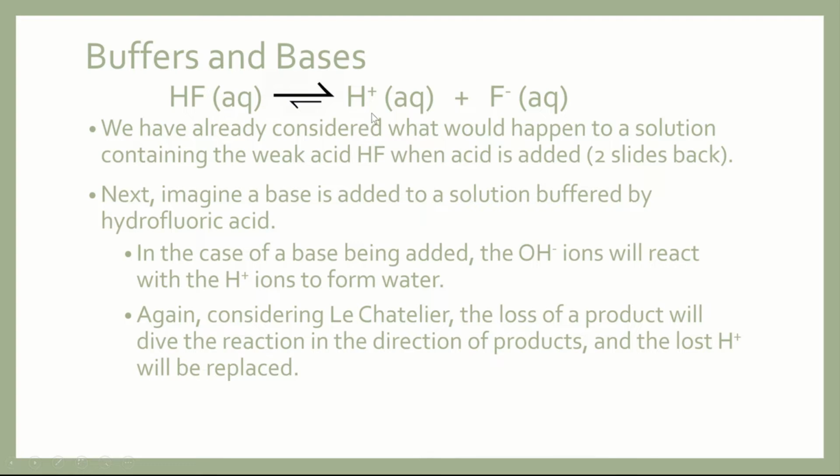Adding base would snatch up those hydrogen ions, and our HF would just break apart and create more hydrogen ions and fluoride ions. Adding acid, and our fluoride ions would snatch up that H+ and return to HF. So that is a buffer. We're maintaining our pH. We're not getting any more acidic. We're not getting any more basic. We're just staying right where we are because of these reversible reactions.